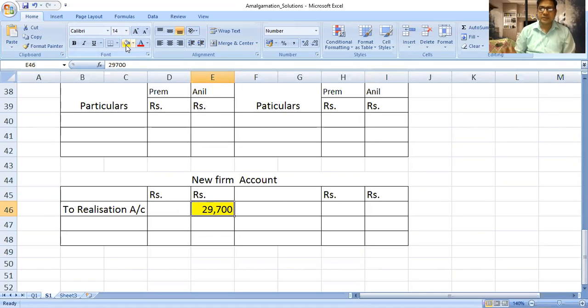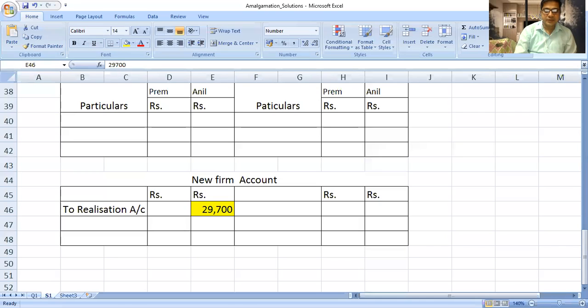So the purchase consideration due entry we recorded, and posting we have to show in the ledgers: realization account credit side, and new firm account debit side.